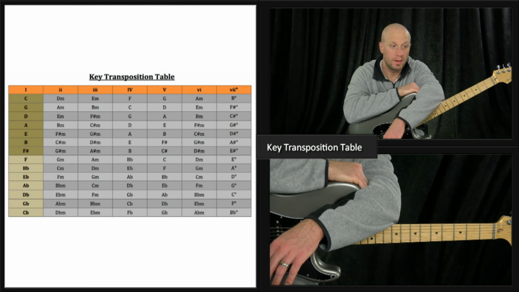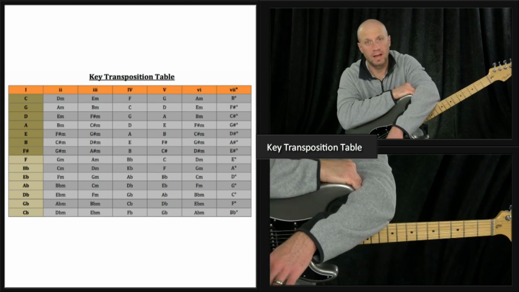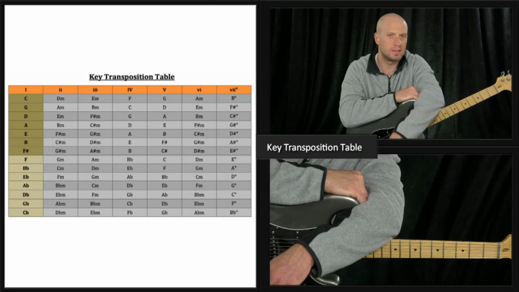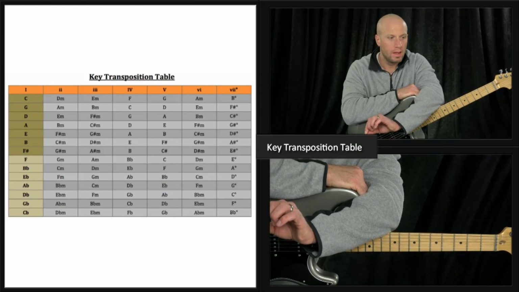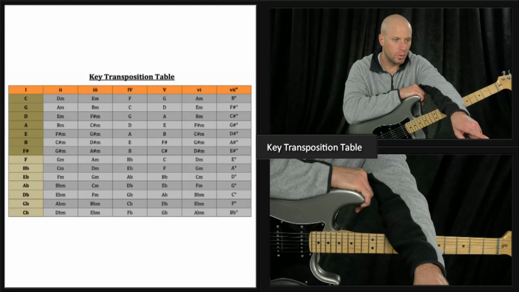Okay, now let's build a chord progression in D Dorian. You have to follow me here. We're going to build a chord progression in D Dorian using this table. This is going to be cool. We do not want to go down to where it says D is in the 1 column.